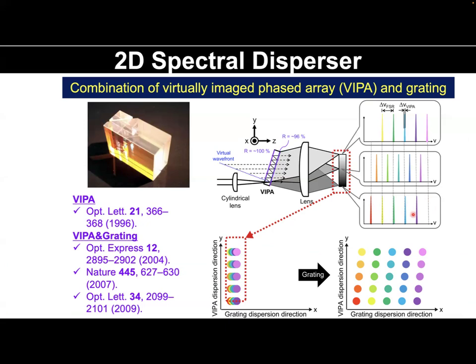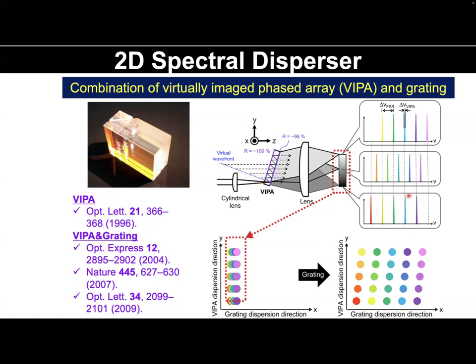However, such a resonance transmission spectrum is slightly shifted depending on the vertical position, like here, without a change of FSR, like here, due to the steeply tilted virtual wavefront, like here.